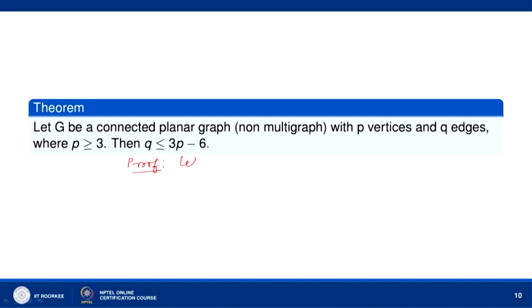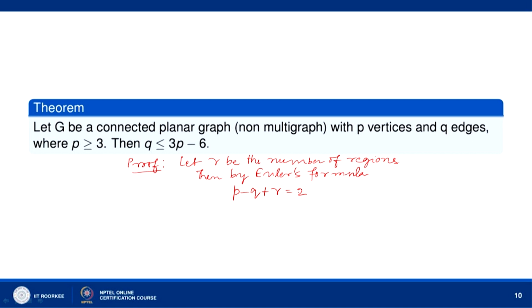Let R be the number of regions in this connected planar graph. Then by Euler's formula, P minus Q plus R is equal to 2.